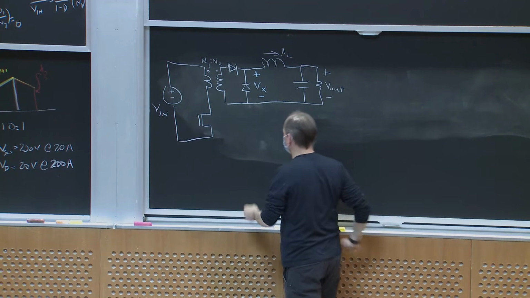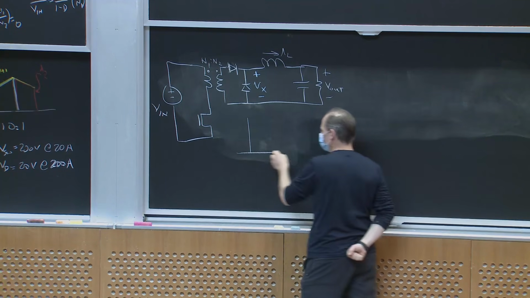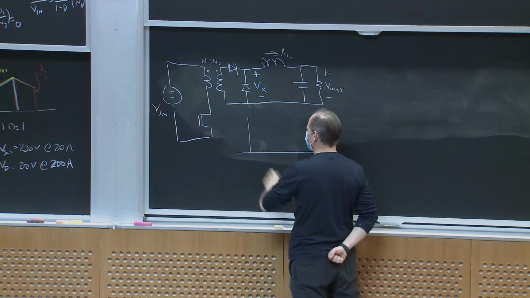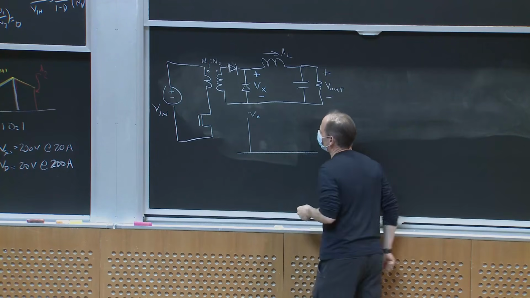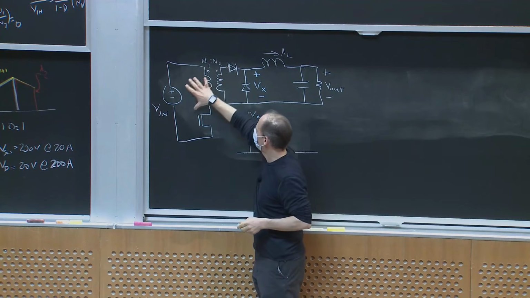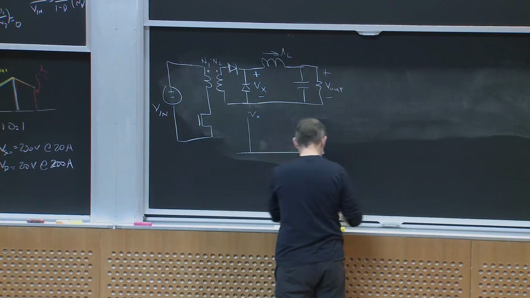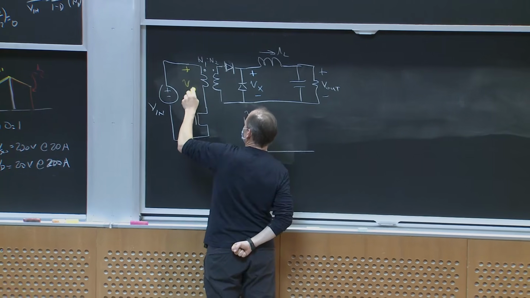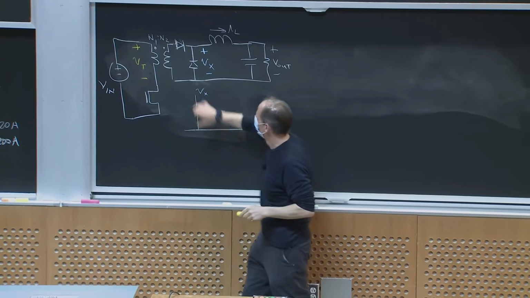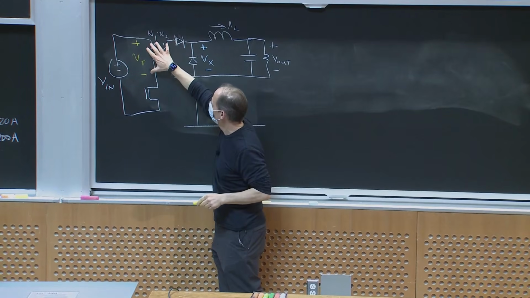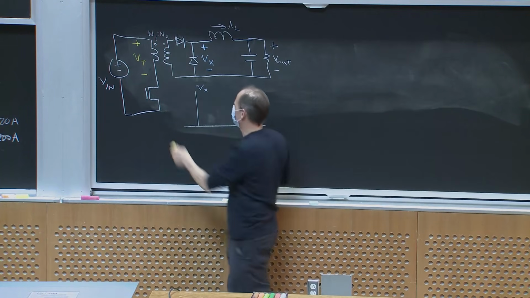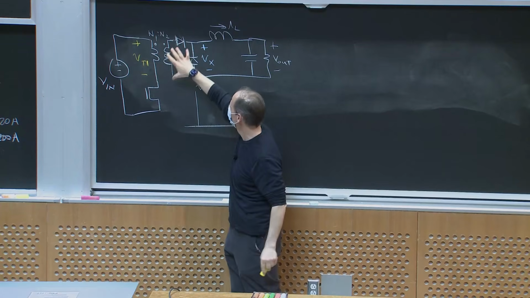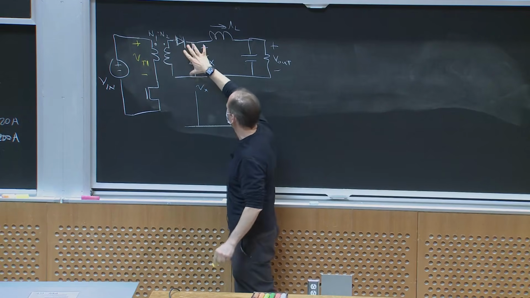When the switch is on, I'm going to plot Vx. When the switch is on, I'm applying Vin at the primary. So let me call this the voltage across the transformer, VT1, V transformer 1. I get N2 over N1 times VT1, which is N2 over N1 times Vn.